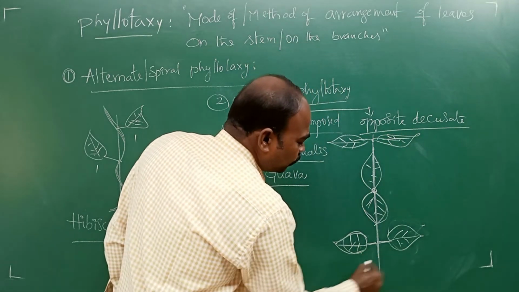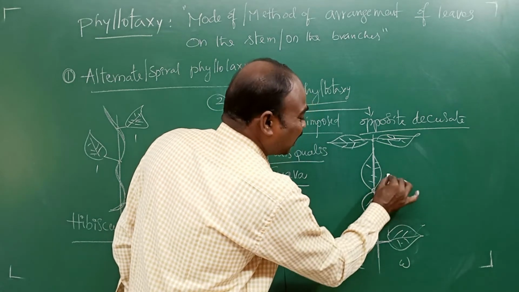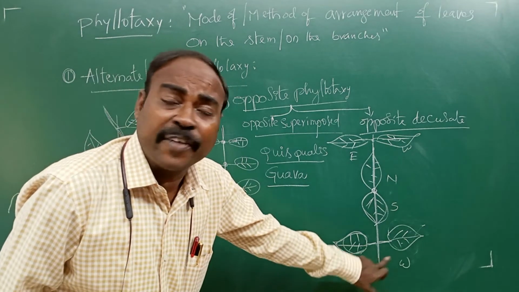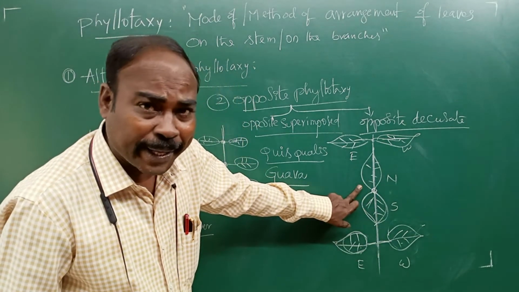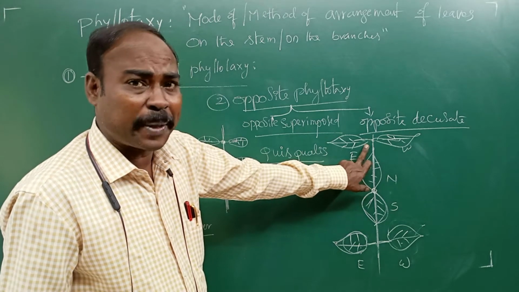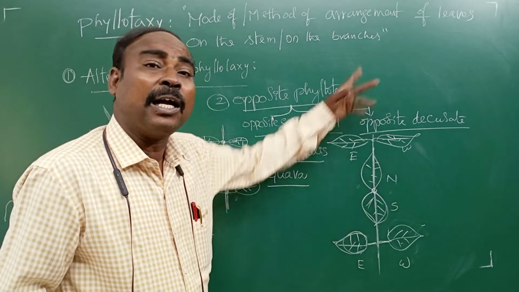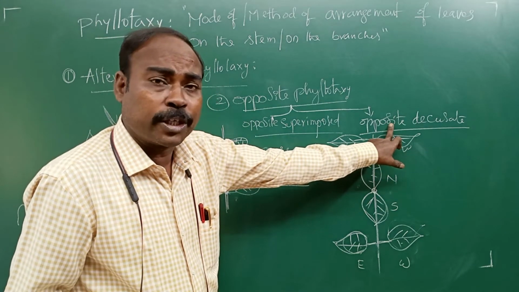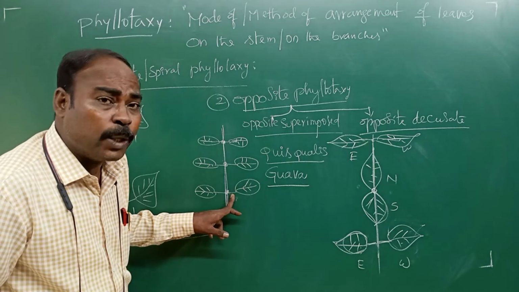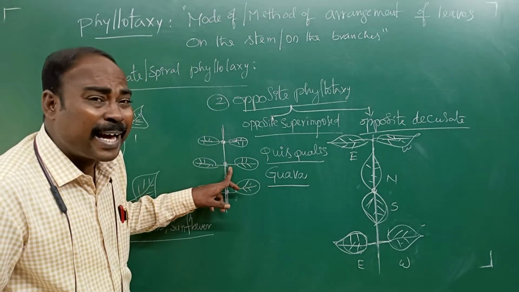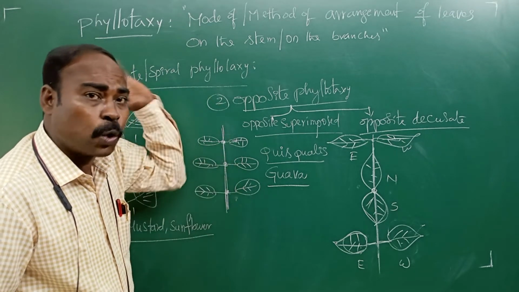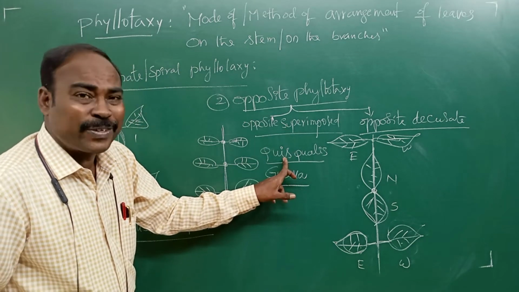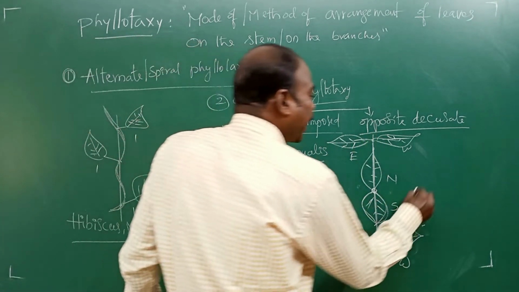See here, these leaves are east and west. These are north and south. Again east and west. So a pair of leaves in a node is at a right angle to the next pair. Likewise, each pair is at a right angle to the next one. This type of opposite phyllotaxy is called opposite decussate. When each pair of leaves in a node is in the same plane as the next node, this is called opposite superimposed, found in guava, Quisqualis. Opposite decussate was found in Calotropis.